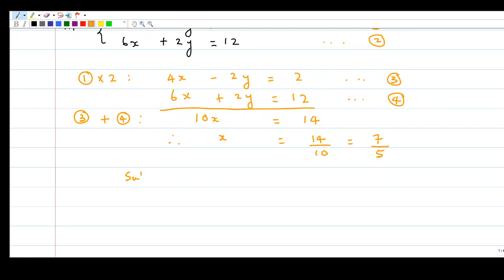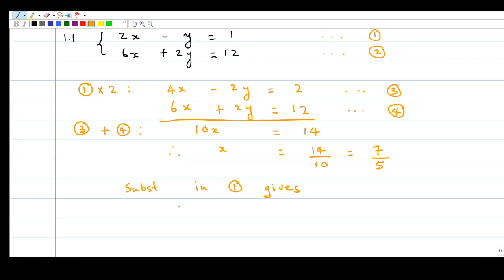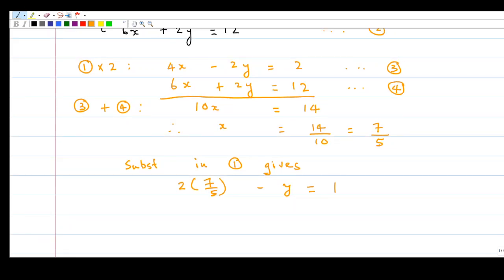Substituting in equation 1 gives 2 multiplied by 7 over 5 minus y is equal to 1, from which we can find y.